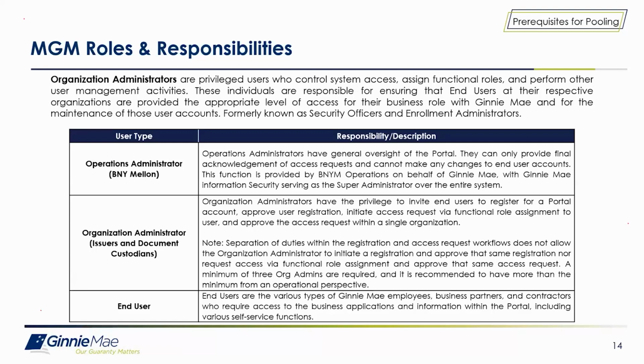You never know what can happen these days. Somebody cannot make it in, some emergency, and you need someone to set up right away. So that's where you have that second backup or that third backup as part of your org admin when you're setting up your new users. So you just want to make sure you meet what Ginnie Mae is requiring.